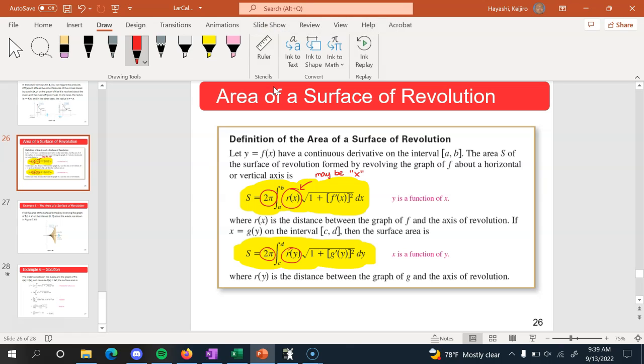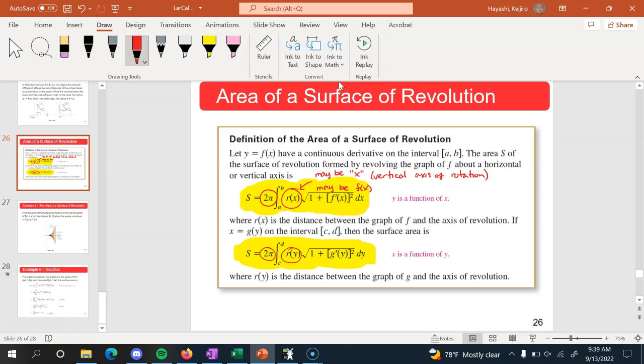And that's going to happen if you have a vertical axis of rotation for these integrals specifically. Or it may be whatever f of x is. Because, essentially f of x is y, but expressed in terms of x.